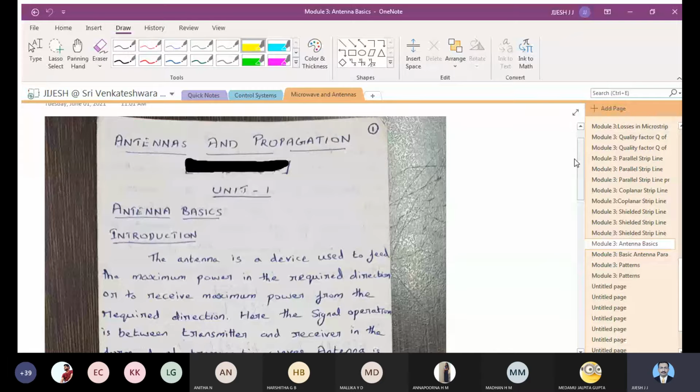These are some of the things we are going to learn in this half of the third module. You'll be understanding how the pattern has to be, what do you mean by main lobe, what do you mean by side lobes, all those things we'll be studying.